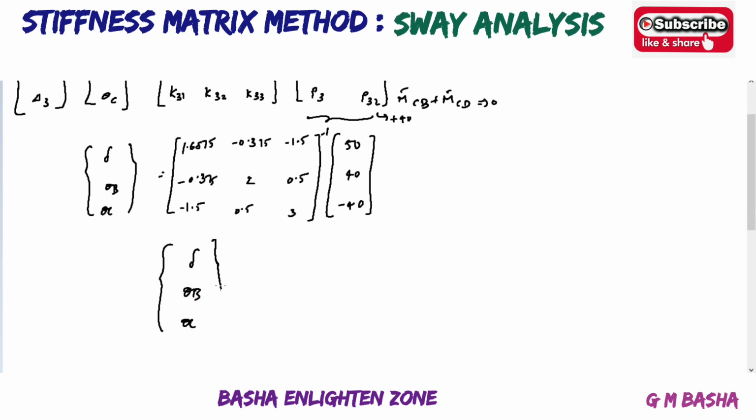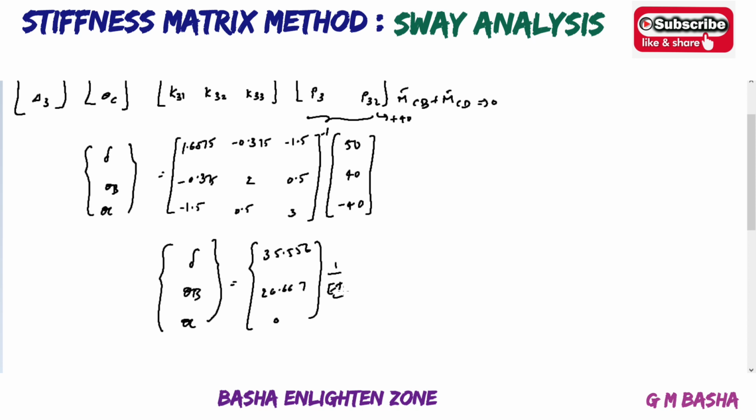So that one will be equal to, if you simplify directly, you will get 35.556, 26.667, 0, times 1 by EI. So all these are the values obtained based on the stiffness matrices. That is delta will be equal to 35.556, theta b will be equal to 26.667, theta c will be equal to 0.